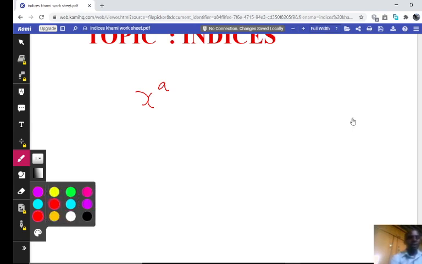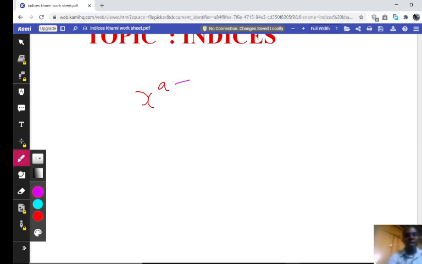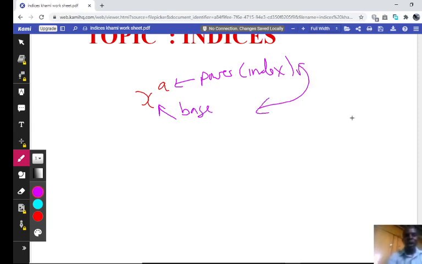Based on this, a is called the power or the index, and x is the base. These powers that we are dealing with must have their bases.